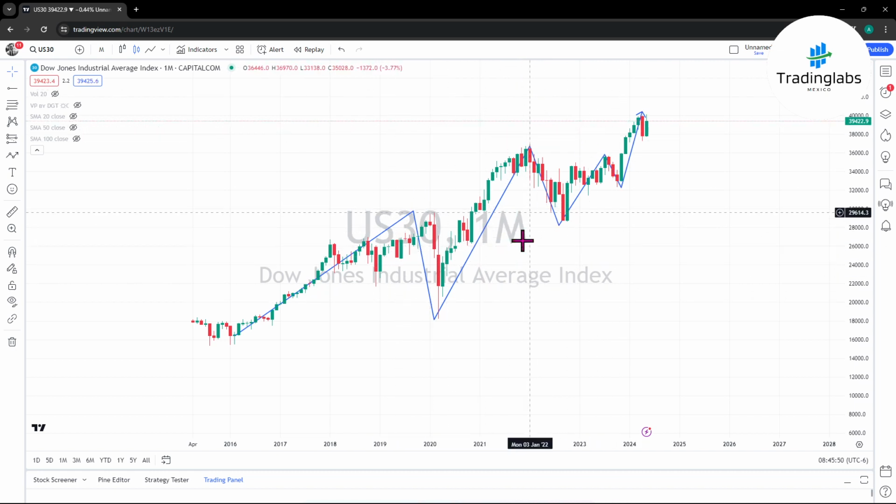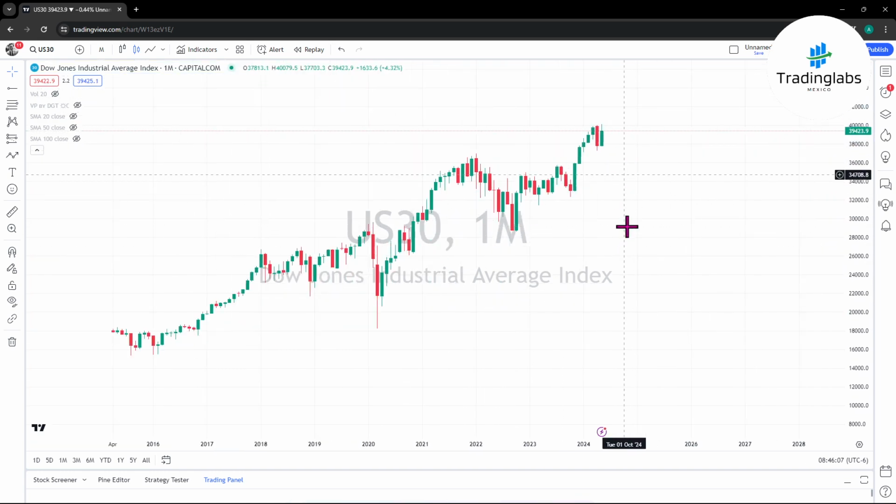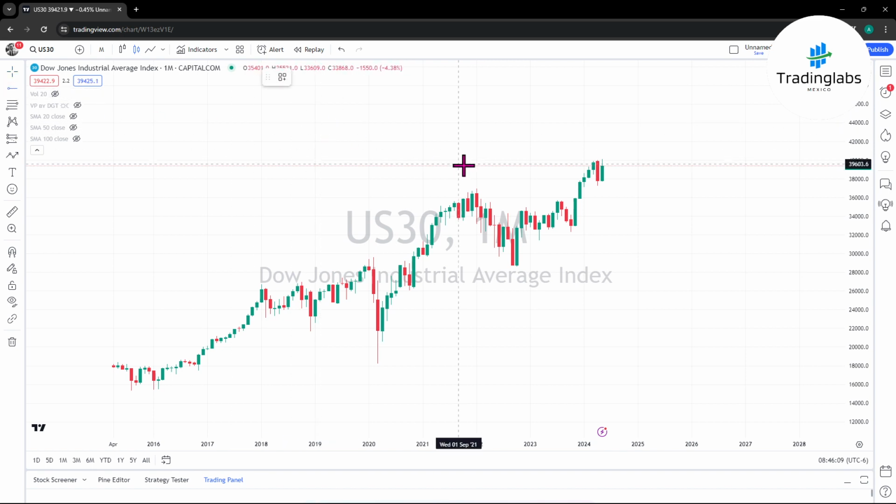Even though we are in a monthly time frame, you can see it in all time frames: H4, daily, M5, M15, 1 minute chart. It's the same concept.